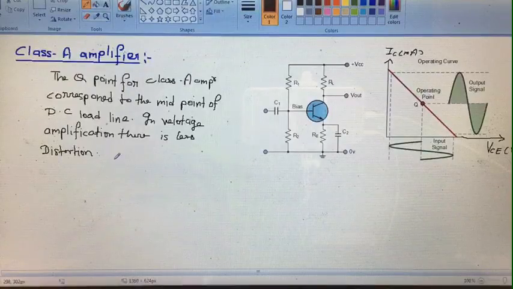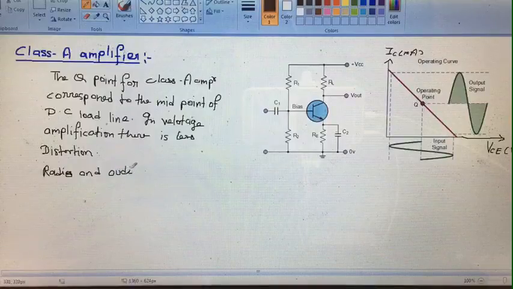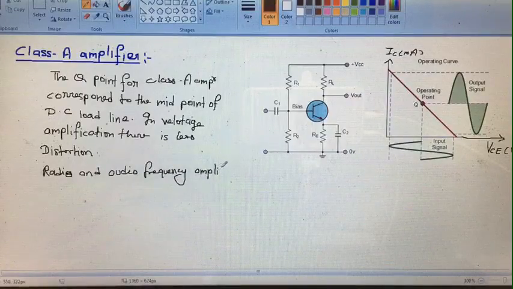These kinds of amplifier are used for radio and audio frequency signals. That means the class A amplifier is used in radio and audio frequency amplification.